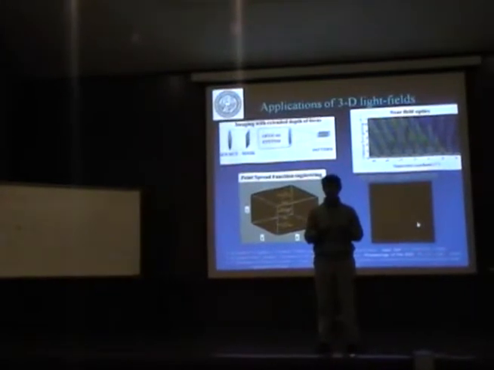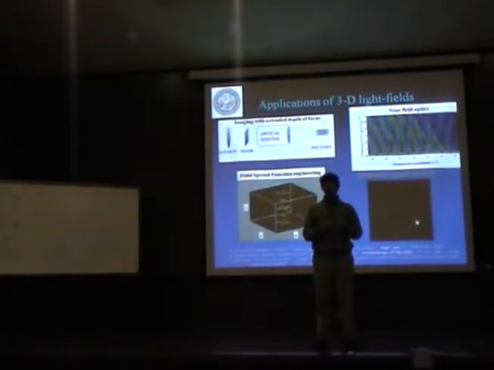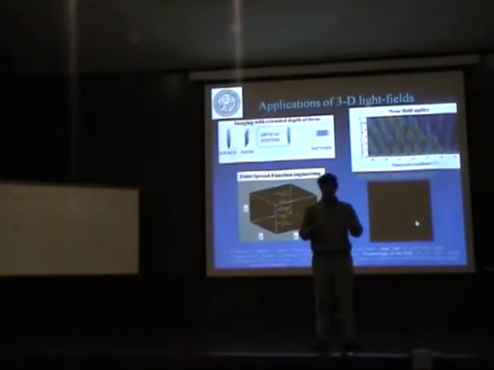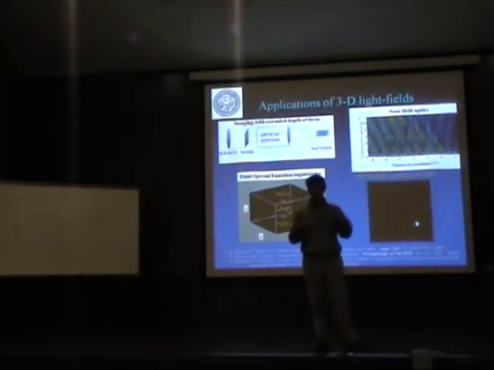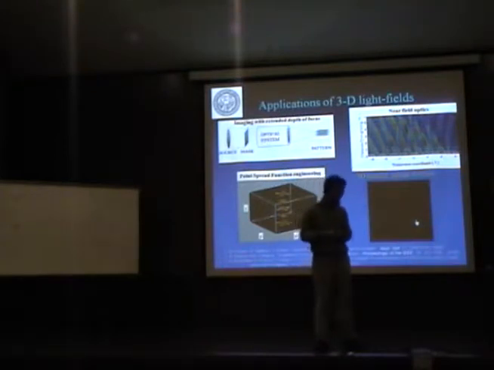Light can exert a force on small particles. Well, it exerts a force on me as well, it's just negligible relative to my mass. But if you have a very small particle in water, a small force is going to move it. So you can trap and move things around.